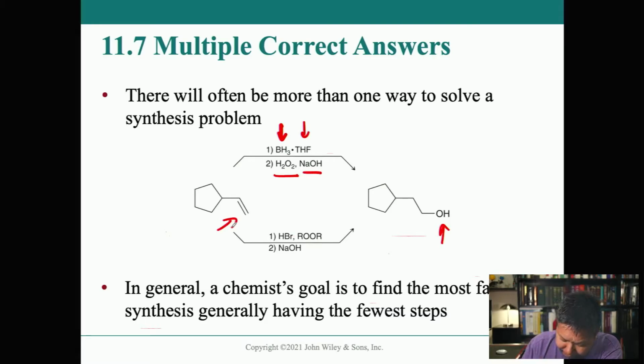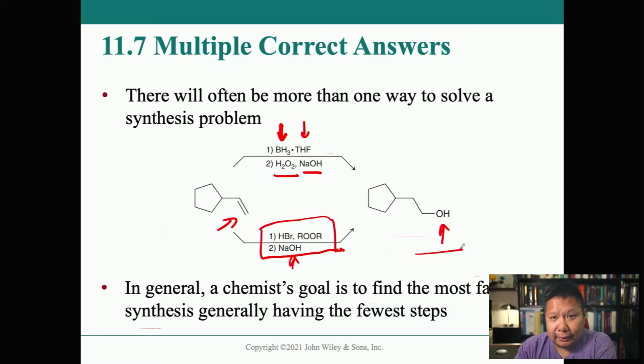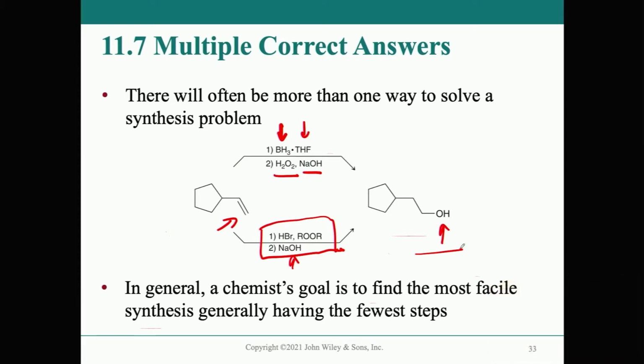But you can also use hydrohalogenation, along with hydrogen peroxide and sodium hydroxide, and get the same alcohol. So in general, a chemist's goal is to find the most facile synthesis, generally having the fewest steps.